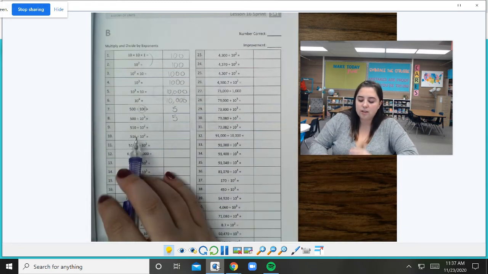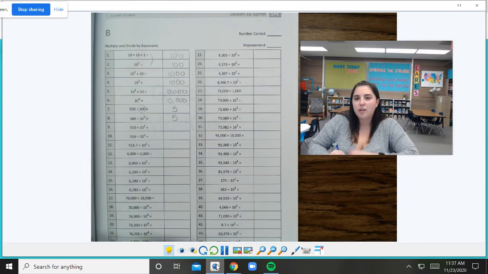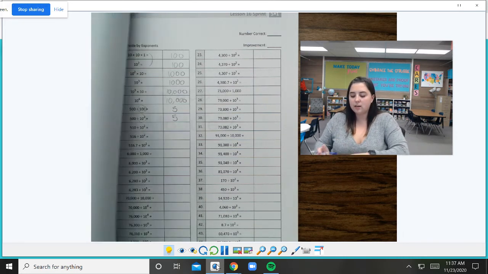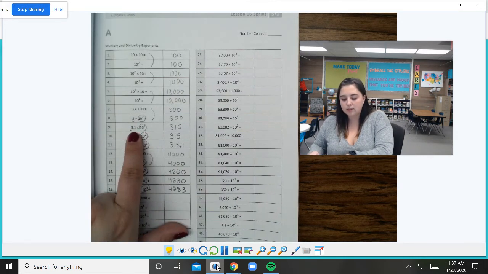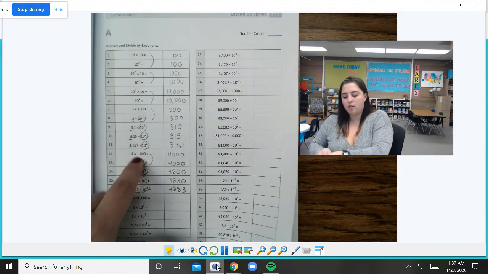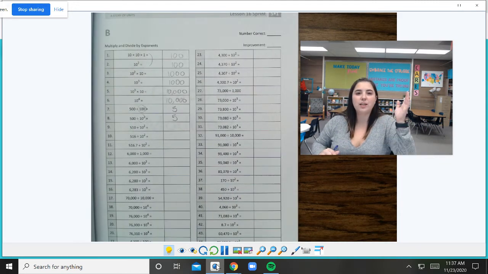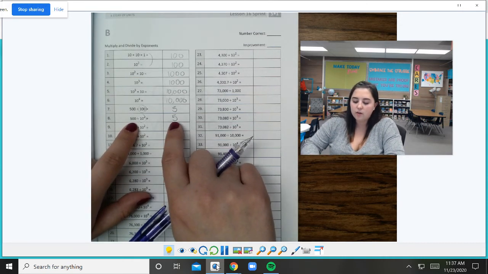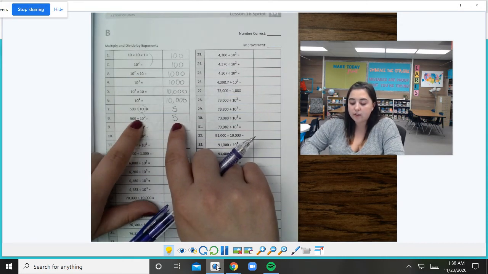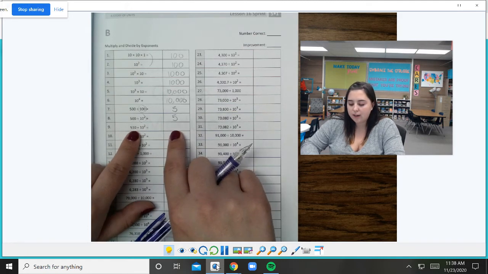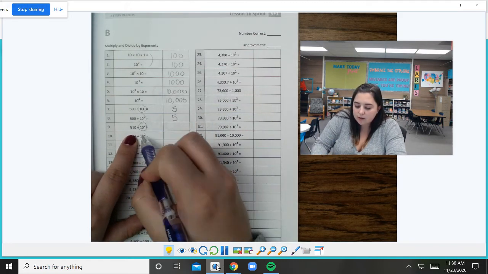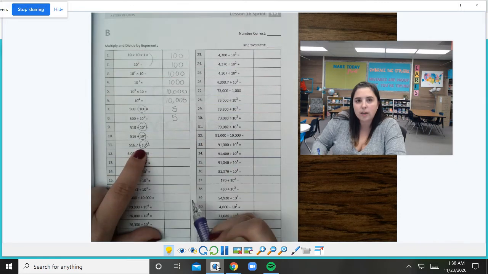Now let's take a look. This is the part I want us to look at. They're kind of doing the same thing that they did on side A, where they're building up, but this time with division. So really they're building down. So our first one was 500 divided by 10 squared. That's 5. Then look at our next one, number 9. It's still 10 squared. In fact, it will be for quite some time.